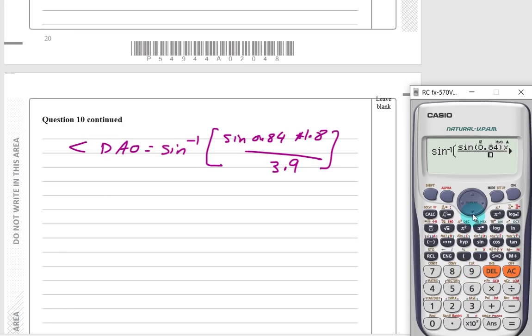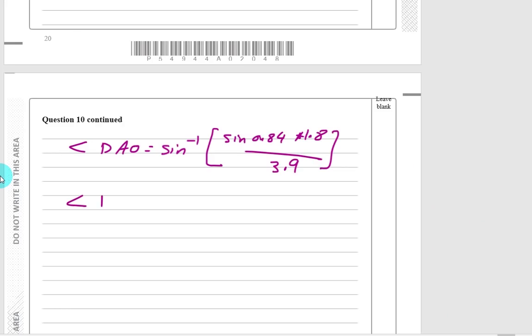And then go down here, 3.9. And then go up again and close the bracket. Now the angle is 0.351. So the angle DAO is equal to 0.351 radians.